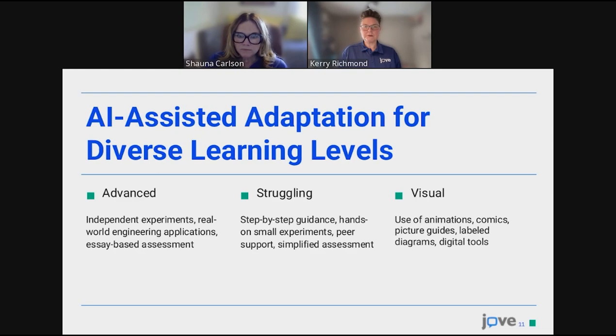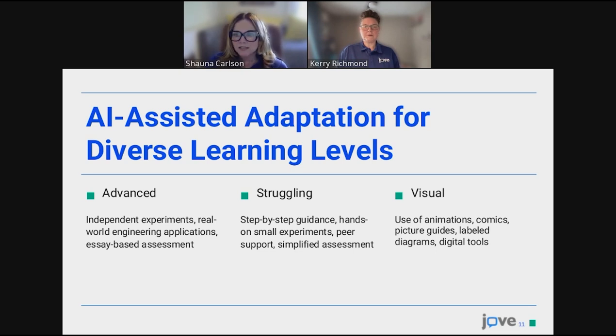So we can also use AI for that as well, for diverse learning level needs. What we'll see here is maybe we have a student who is advanced, somebody who's struggling and needs some more step-by-step guidance, and maybe somebody who's more of a visual learner, right?